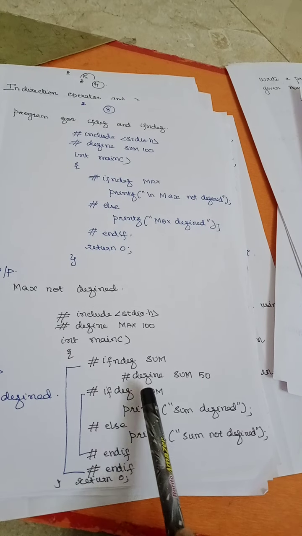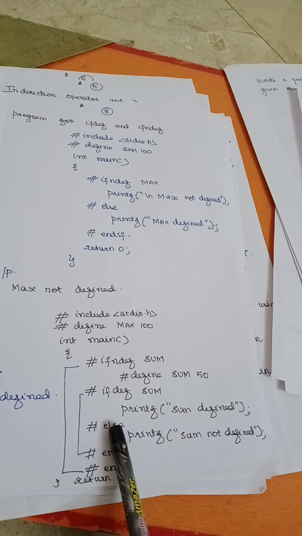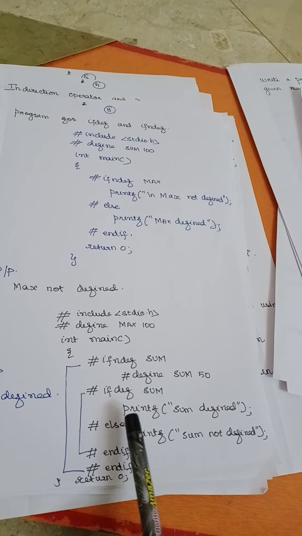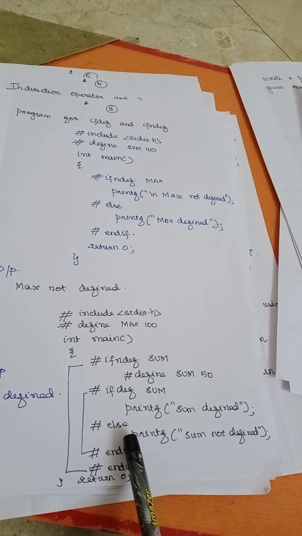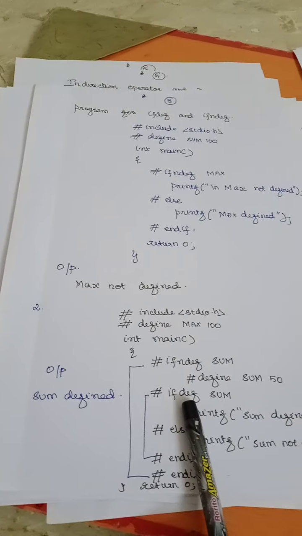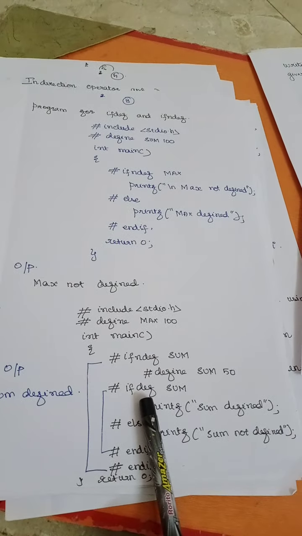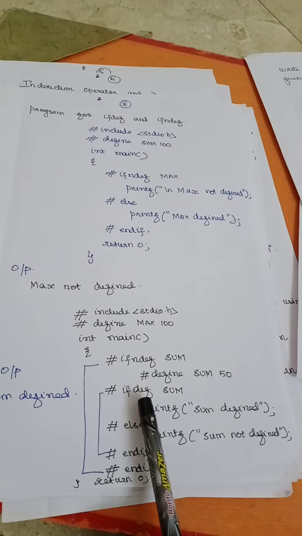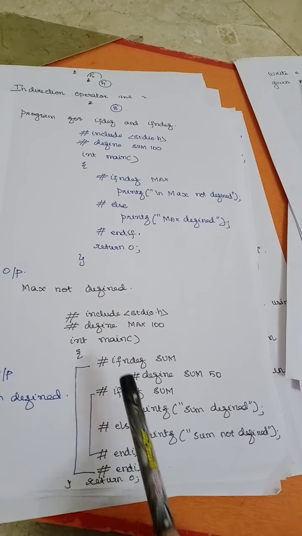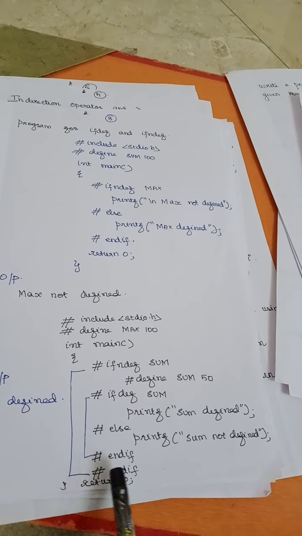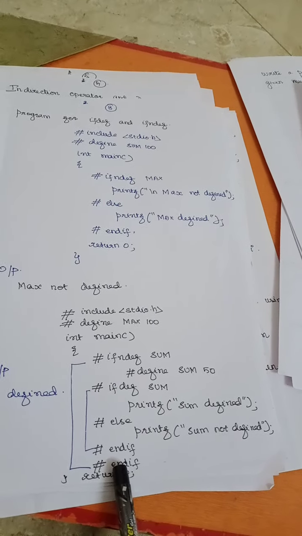For this if def I don't have else. For ifndef, if def sum else, for this I have got else. For this I don't have an else, I have an end if. Clear?